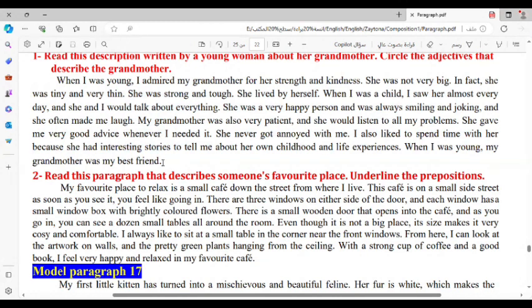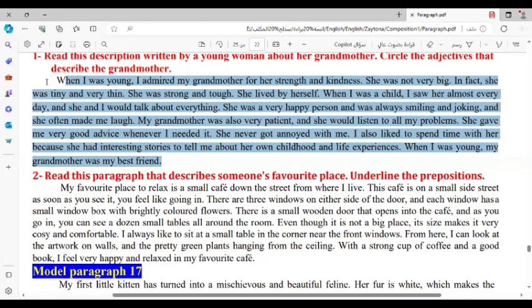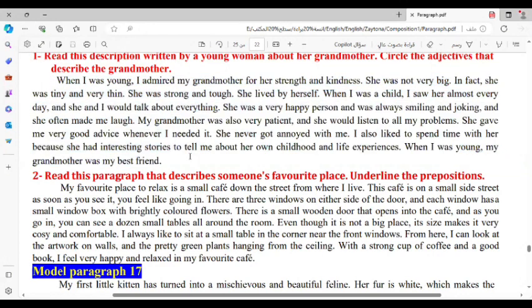In this paragraph, we are using certain adjectives. So I need you to pick them up. I need you to tell me about the adjectives used in this paragraph. Yes, who can give me the first one? We have so many adjectives here.